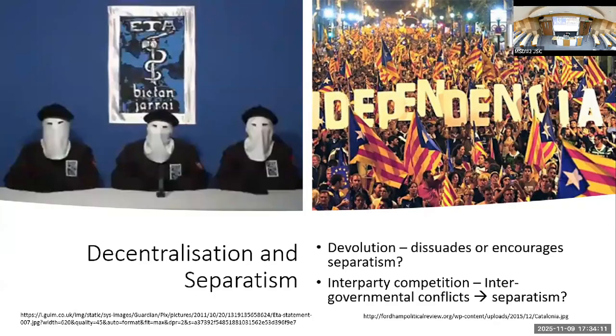On the left-hand side is a region called the Basque Country. It's a very tiny region. They speak a language that's completely different from their neighbors. It is sandwiched between France and Spain. During General Franco's time, this was a dictator, Spain was highly centralized, and regional language and culture were suppressed.